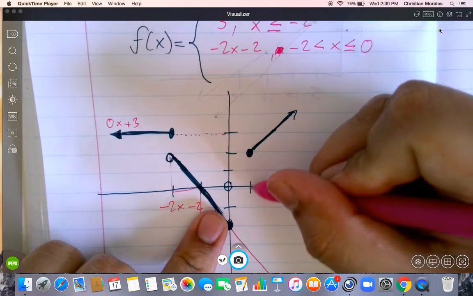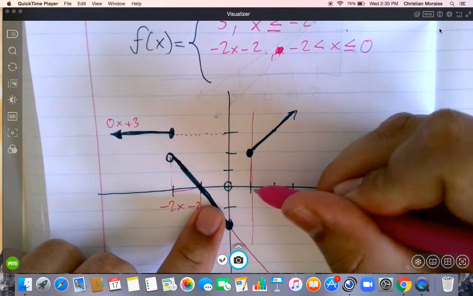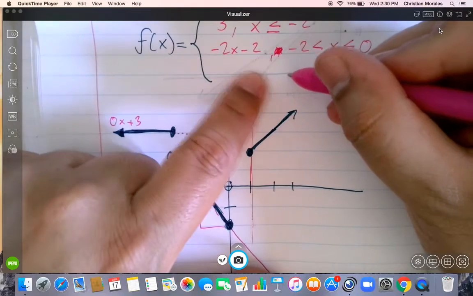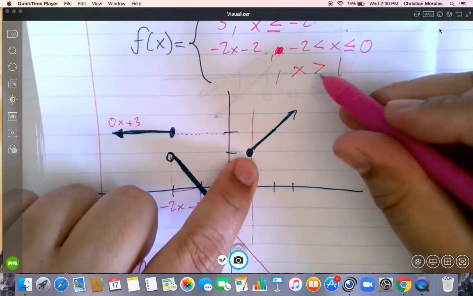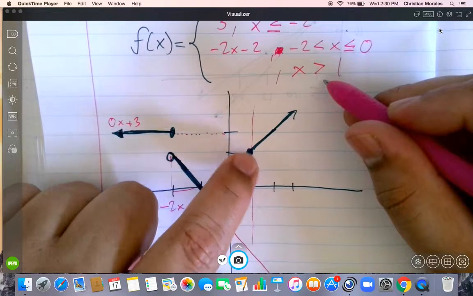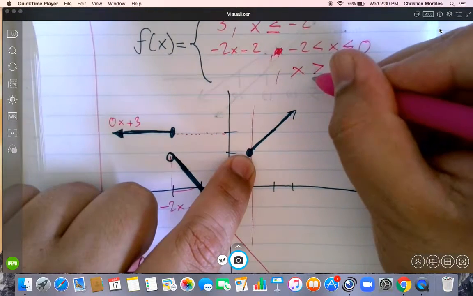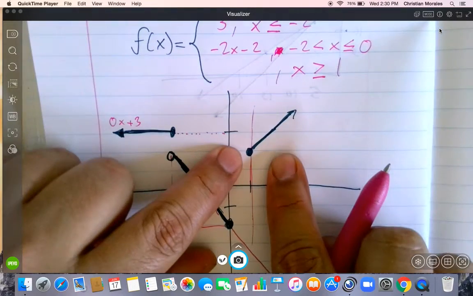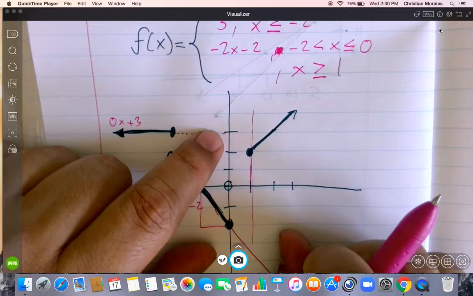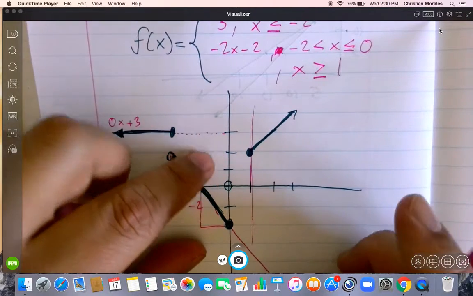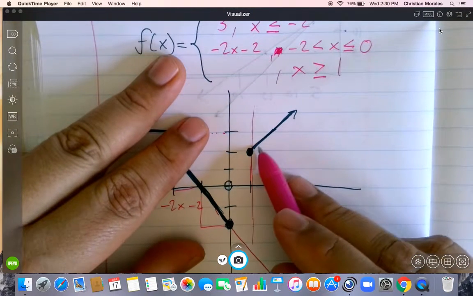The line picks up where? Where does the line pick up? At 1. So when x is greater than 1, now do you put a line underneath it? What kind of dot is it? Open or closed? It's closed. Put a line underneath it. When x is 1 or greater, you're going to use a new function. Okay? So, again, you have to find an equation for this.